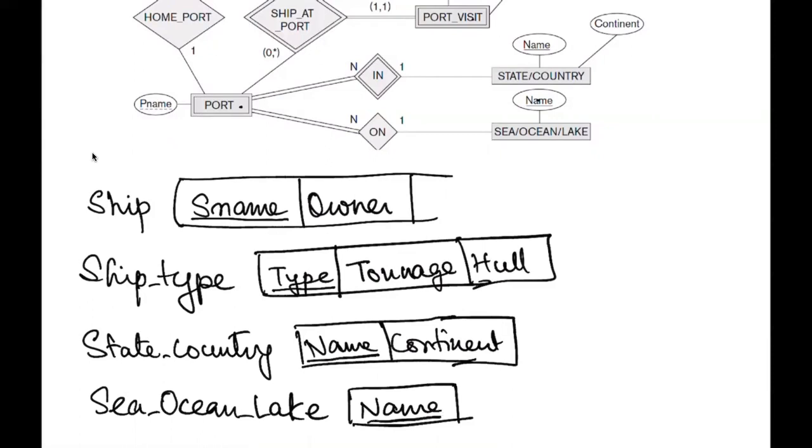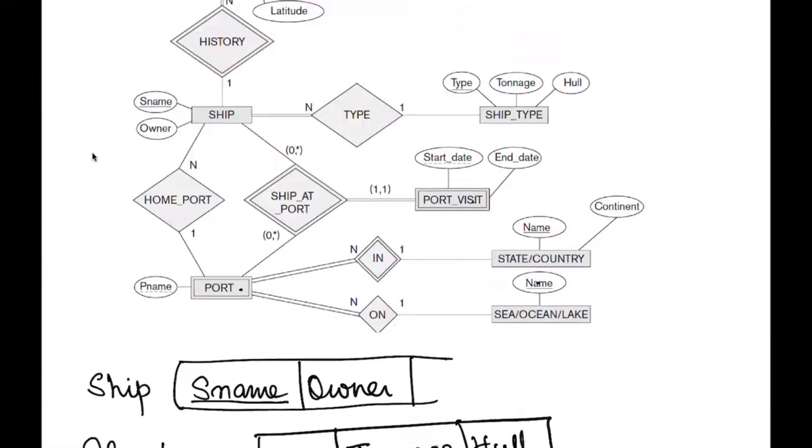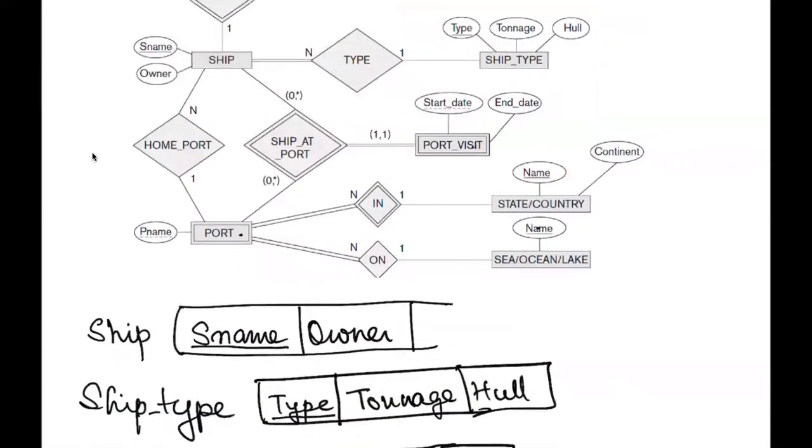So I have completed converting the relations ship, ship type, state, country, and sea, ocean. So for regular entity types, for each regular entity, we will create one relation, and that relation will contain all the attributes of that regular entity from the ER model. And the primary key that was underlined in the ER model will also be the primary key of the relation.